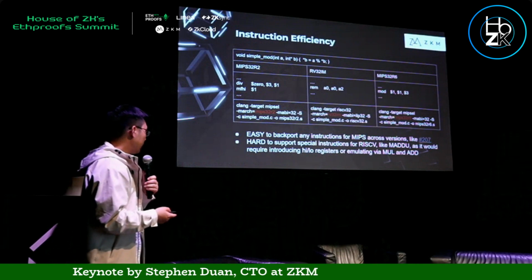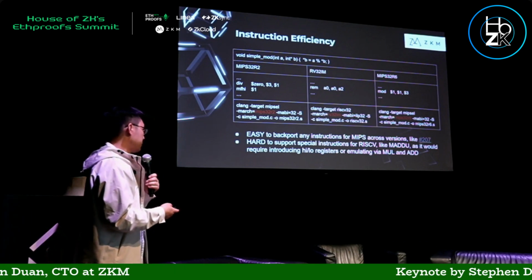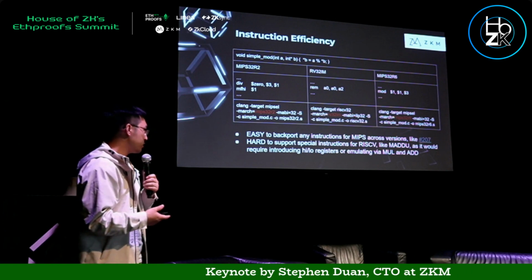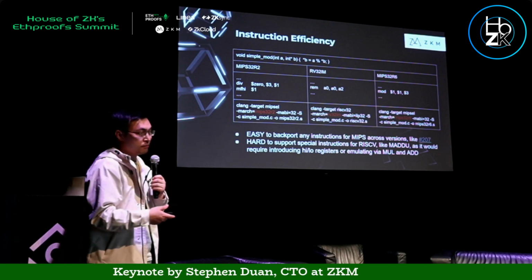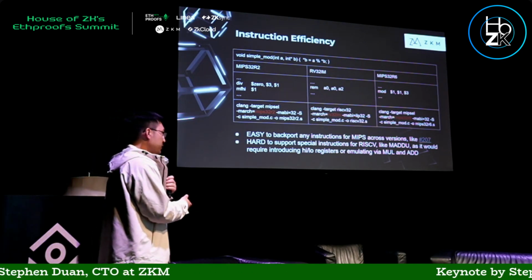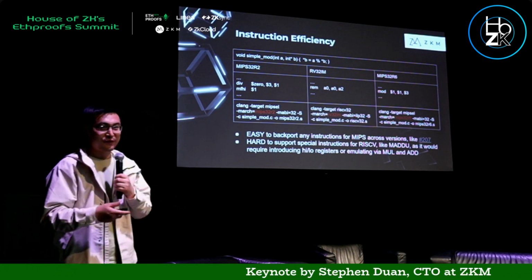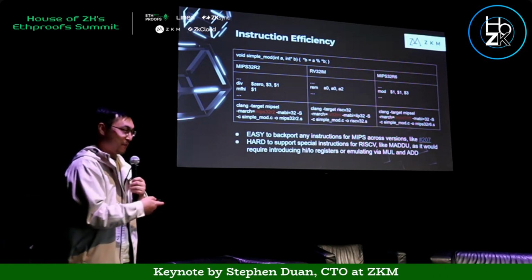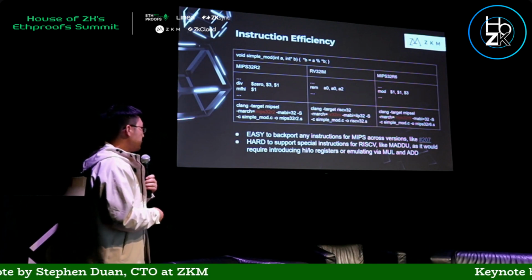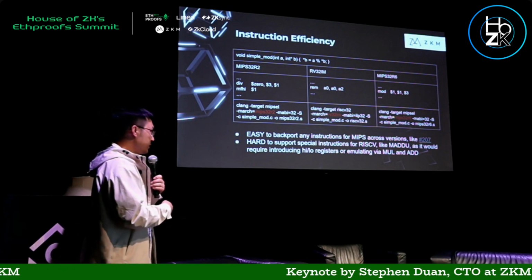And we think it's hard to actually support special instructions like MADD or MSUB because they require introducing new registers. Maybe if RISC-V supports those kinds of instructions, maybe it's not RISC-V anymore. It maybe becomes MIPS. Okay. So that's a very interesting thing when we want to improve instruction efficiency.